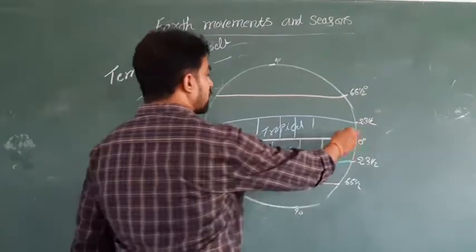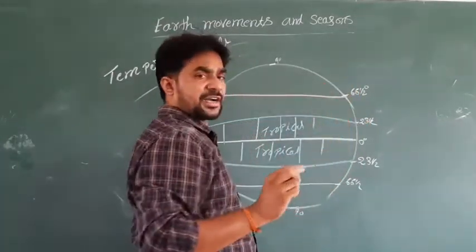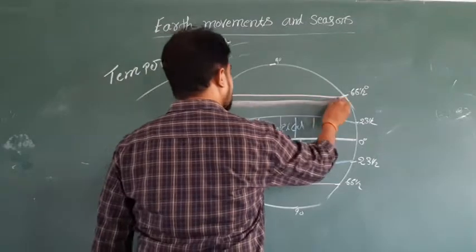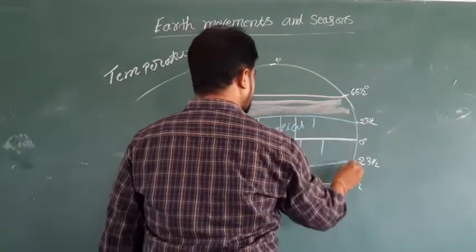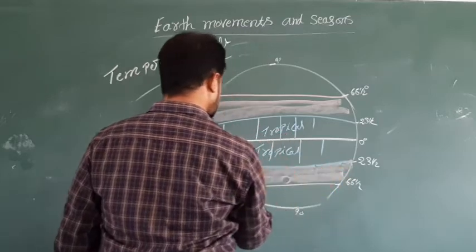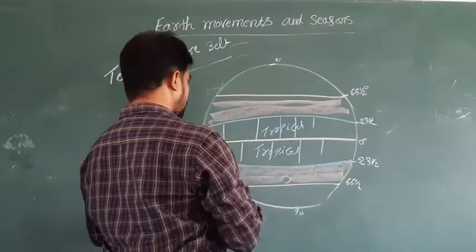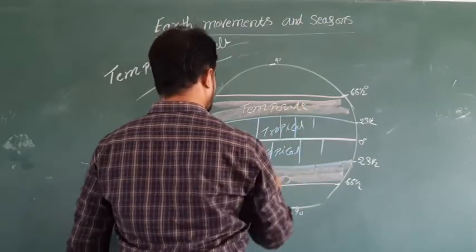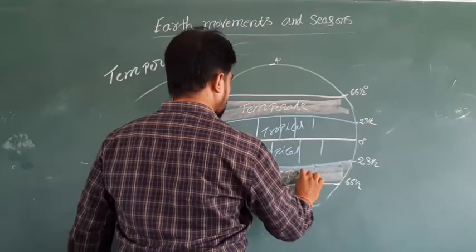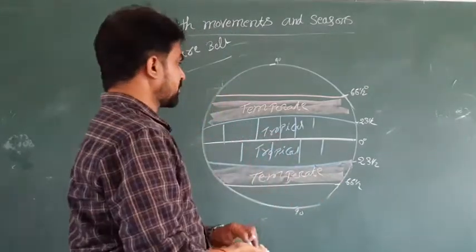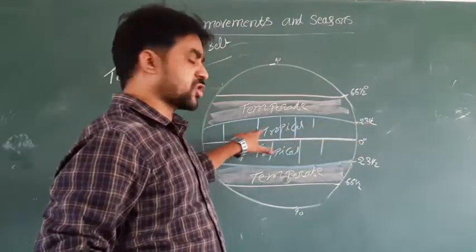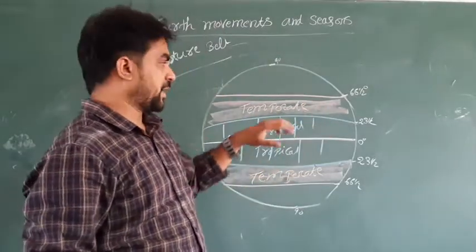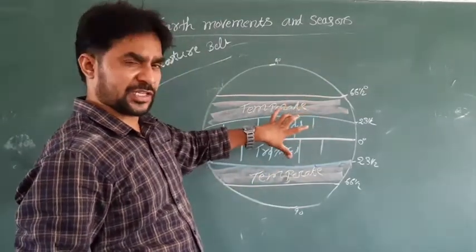Next one is from 23.5 degree to 66.5 degree in the north and also in the south. That area is called the temperate zone. What is the temperate zone? See this, 0 degree to 23.5 degree is called the tropical zone, having good sunshine, because the sunlight falls exactly at 23.5 degree.